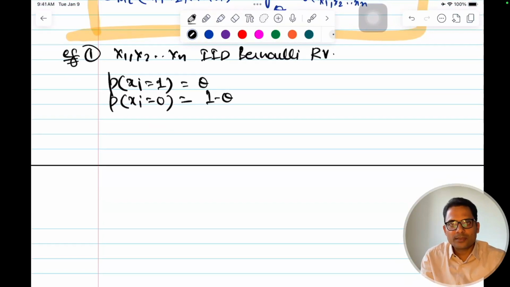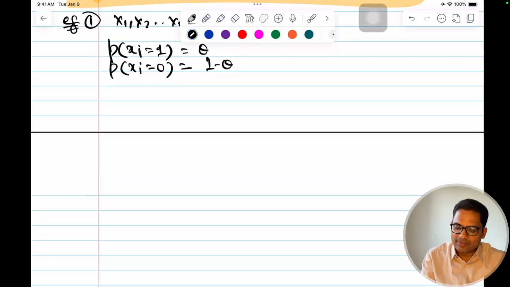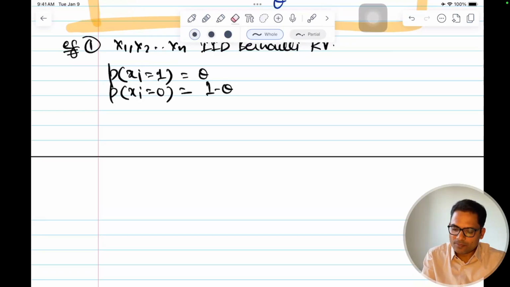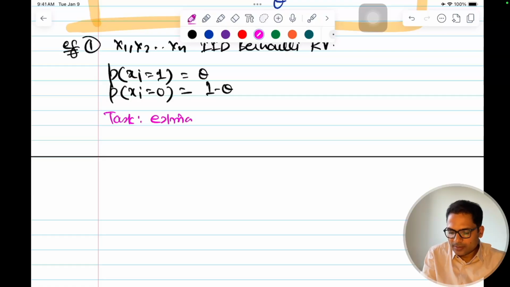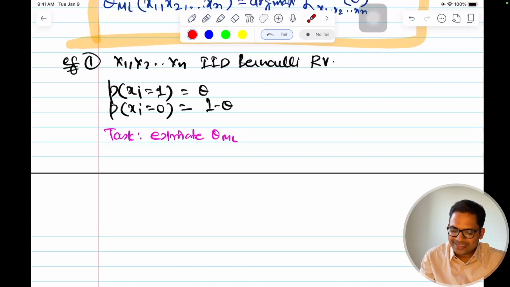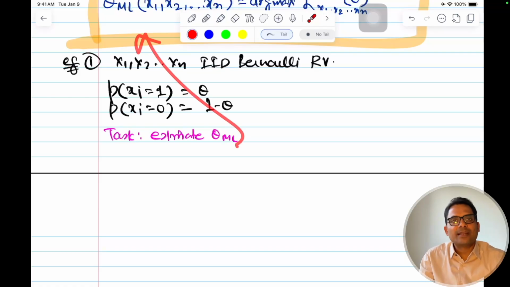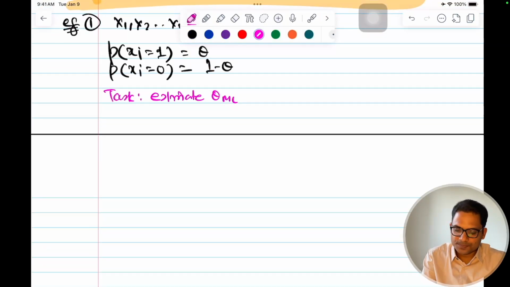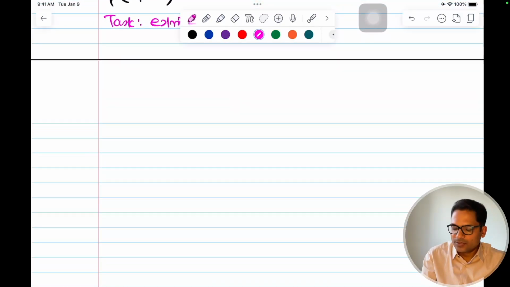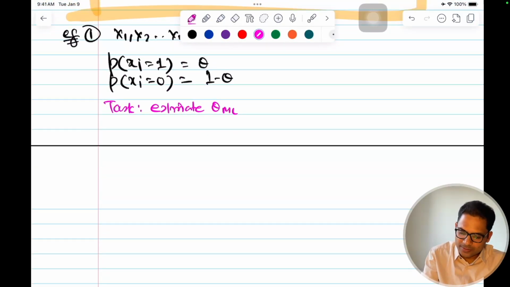This is how Bernoulli is defined. We have to estimate this theta. The task is to estimate theta ml, maximum likelihood, which will maximize the likelihood of seeing such data.